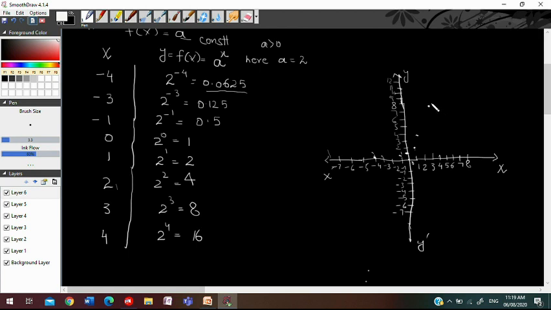Yes. Now if you join all these points, we have this type of graph.